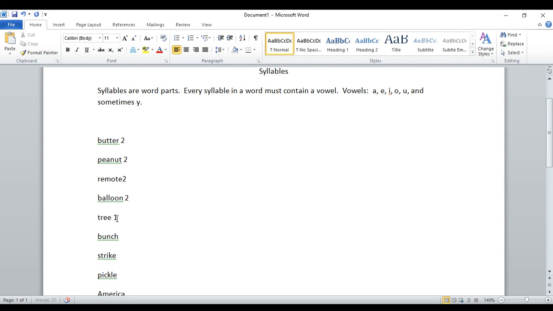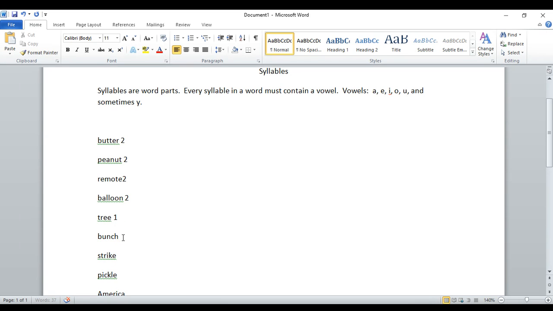But here, if we say tuh-ree, then we're going to mistakenly think that there might be two syllables. So that's why I put up here that every syllable has to contain a vowel, because if we say it's tuh-ree and we say this T is one syllable, we know that can't be true because there is no vowel to go with it. So it is a one syllable word.